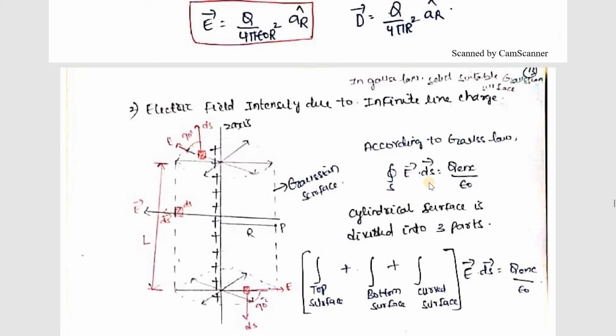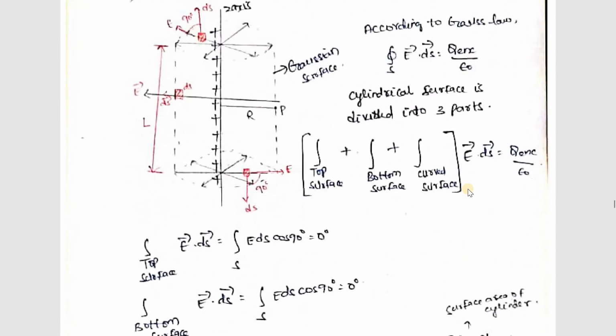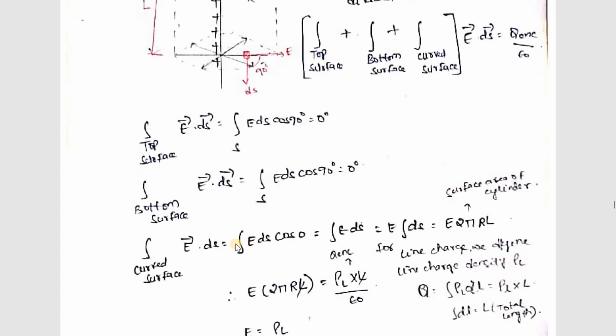Individually, for the top surface, the angle is 90 degrees. Since cos 90 is 0, we get 0. Even for the bottom surface, cos 90 is 0, so we get 0. But at the sides, E and ds directions are same, so the angle is 0, so we get E ds. So we get E integral ds.